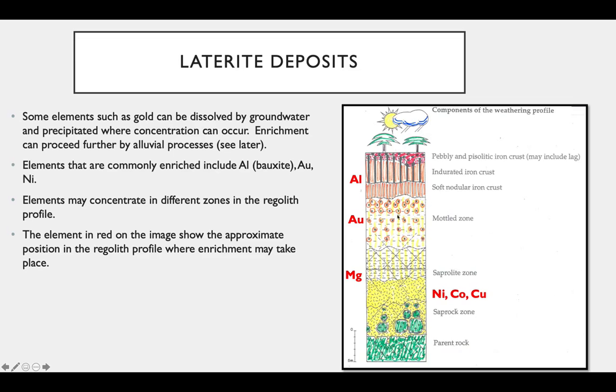We go into a mottled zone, indurated area, and we have the pisolitic crust. So this is iron rich. We go further down, we have concretions and accumulations of material that was probably residual in the mottled zone, and then we move into the sap rock and saprolite area.